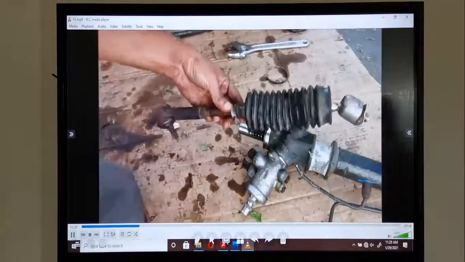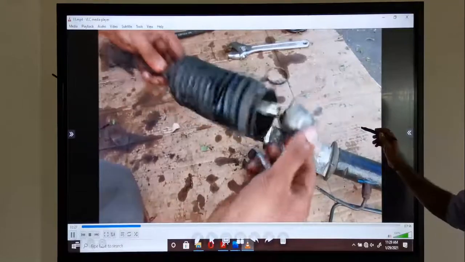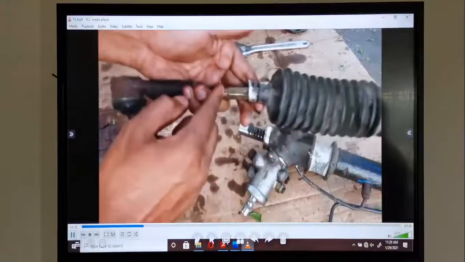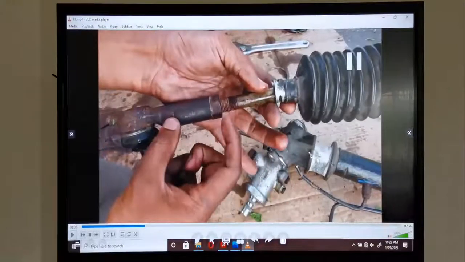Inside there is a ball stud. You can see clearly. Here there is a thread.